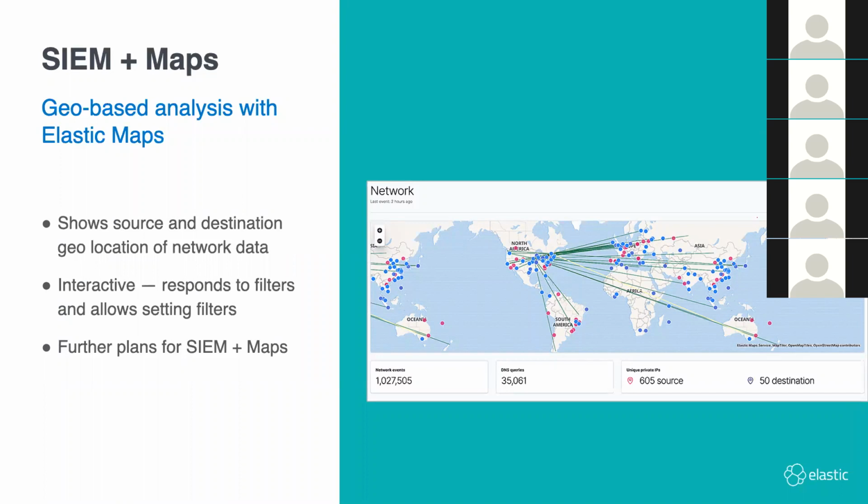Okay, SIEM and the app. Integration of the SIEM with the Elastic Map. It will show the source and destination geolocation of network data. So all the network data that contains source and destination, like IP source, IP destination, TLS handshake or DNS, or any kind of network data that contains source and destination, we can see directly in the map.